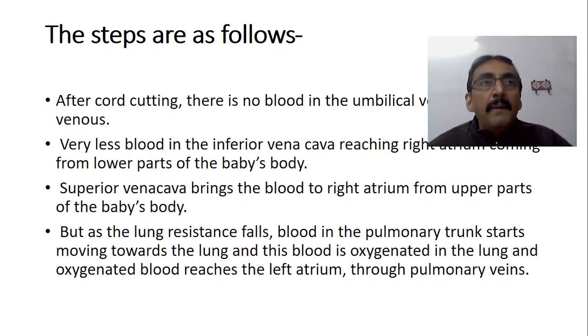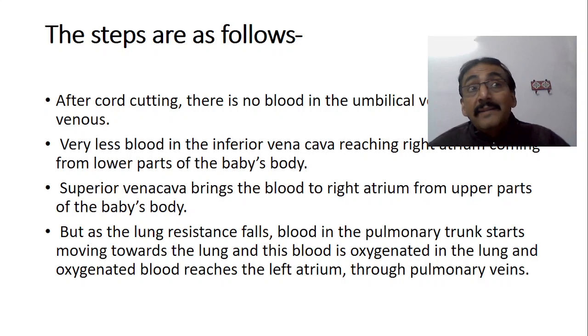So no blood in the umbilical vein itself, and no blood flowing in the ductus venosus either. Very little blood in the inferior vena cava reaches the right atrium from the lower part of the baby. The superior vena cava also brings blood to the right atrium from the upper parts of the baby's body, but that is also a limited amount because there is no continuous supply now. The umbilical cord has been cut.